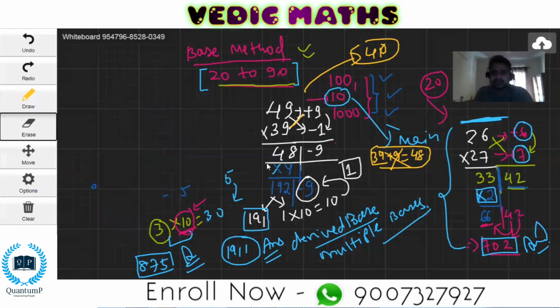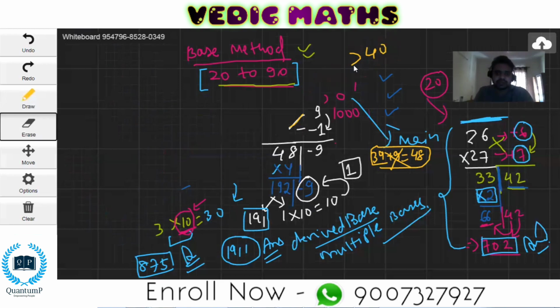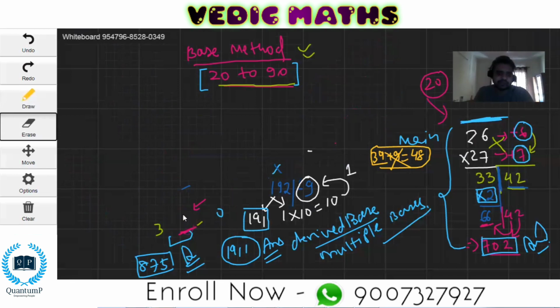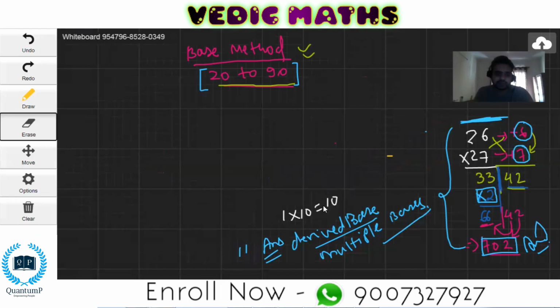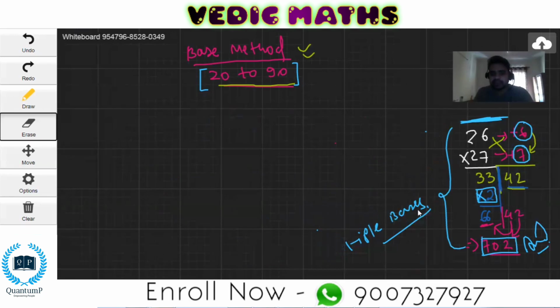As I said, 50 base we will see in two different methods, because 50 is a number which you can get by 10 also, and 50 is a number which you can also get by 100. If you can get 50 by both, obviously it has two different methods.